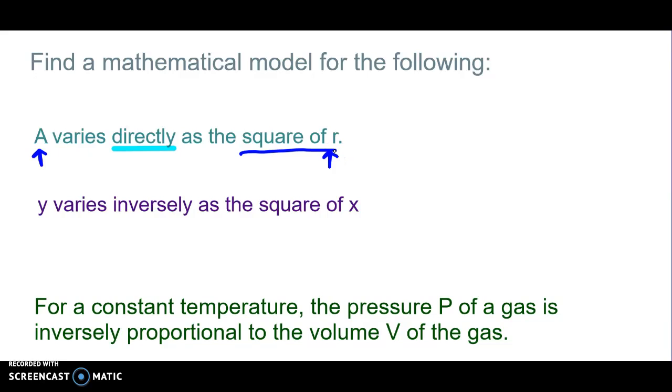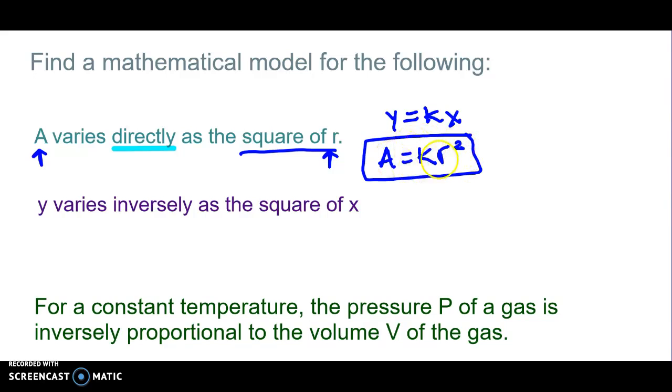So instead of y equals k times x, we're going to use a equals k times r squared. Okay, so that would be our mathematical model for this situation. Go ahead, pause me, and try the next two.